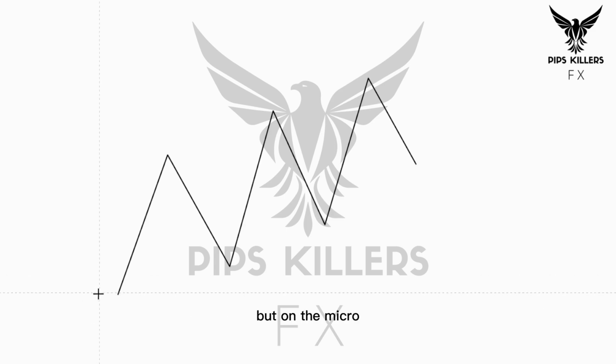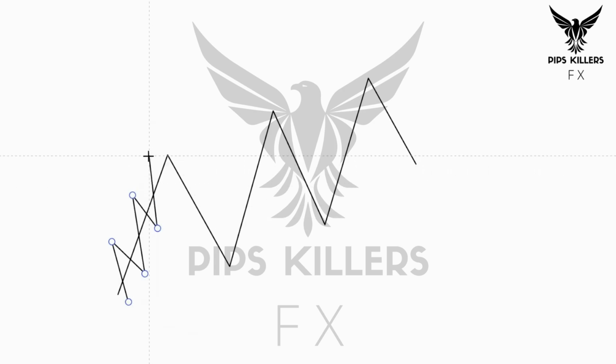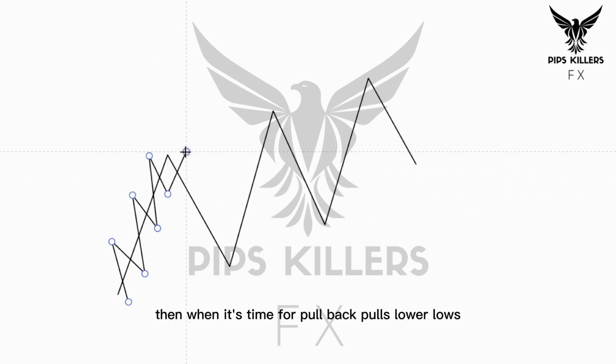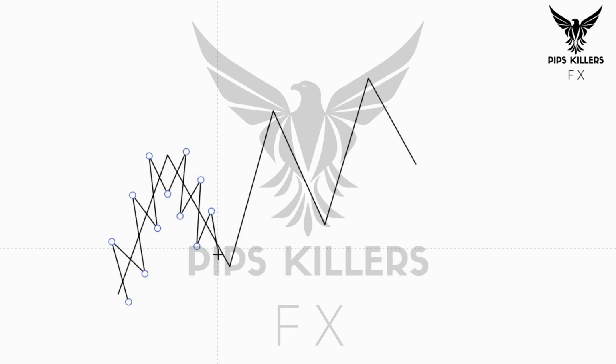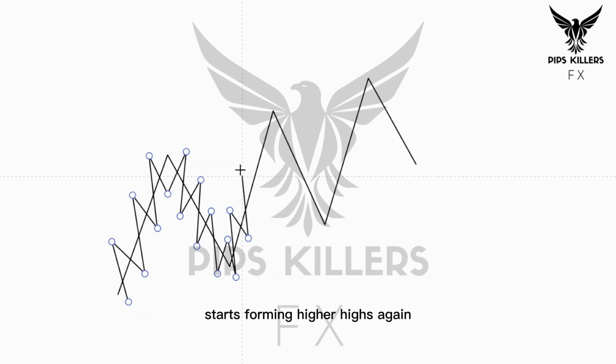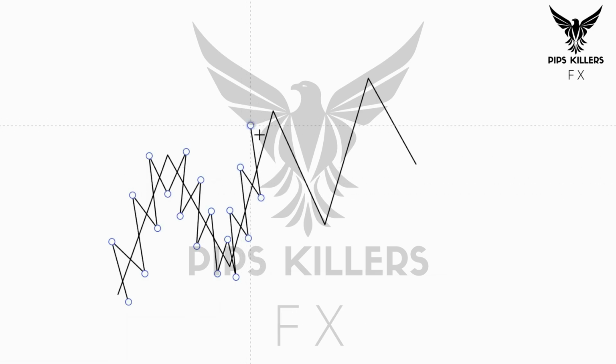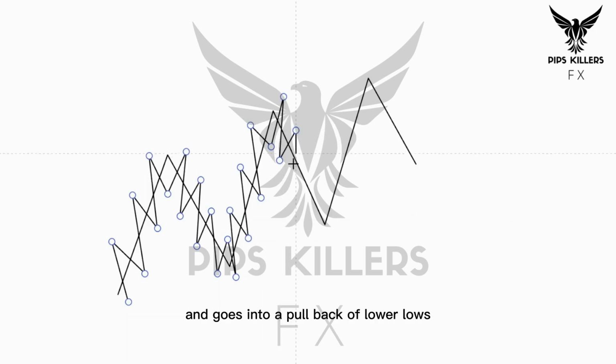But on the micro, this is what price is doing, forming micro swings, forming higher highs. Then when it's time for a pullback, it forms lower lows. Then it changes character, starts forming higher highs again, and changes character again and goes into a pullback of lower lows.